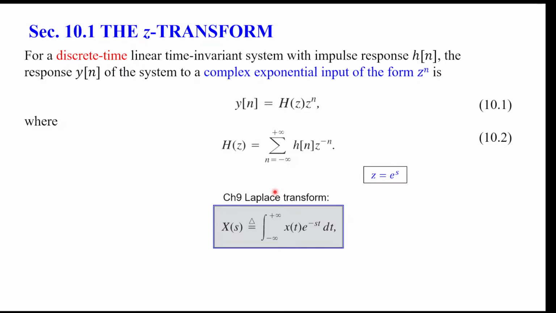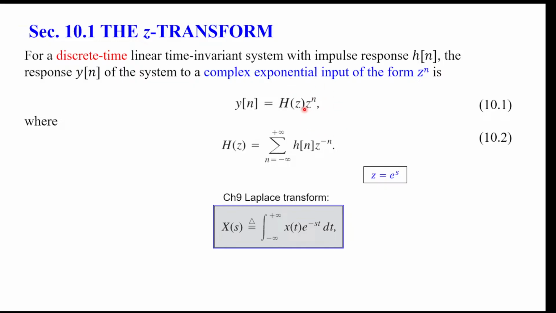The motivation of the z transform is just like the motivation of the Laplace transform. Back in chapter 3, we have this eigenvalue equation for our LTI system. For any discrete LTI system, y of n equals H of z times z to the n.